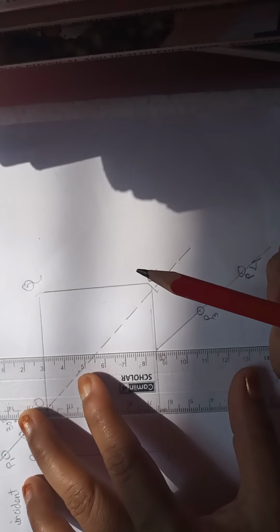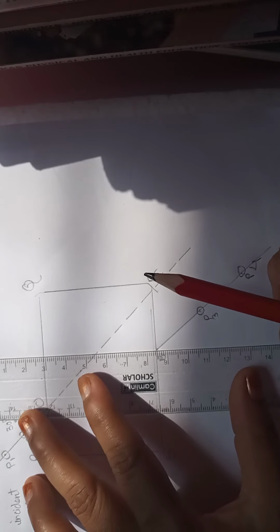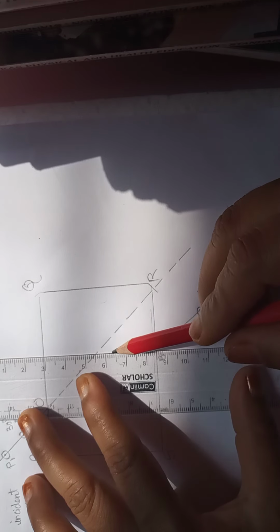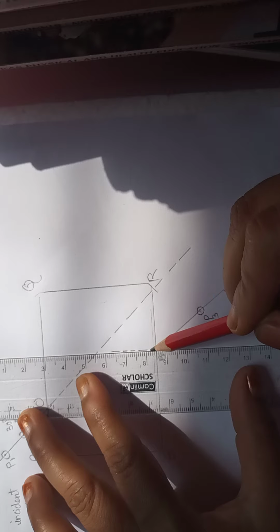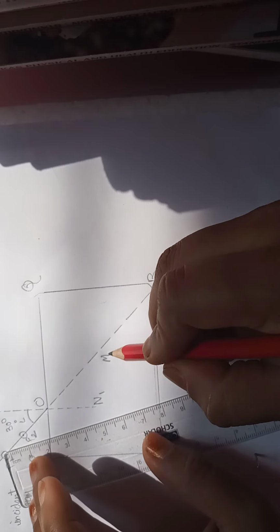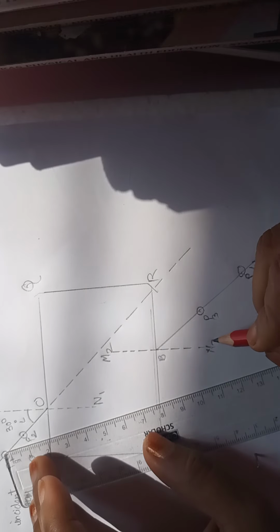You can draw it with the help of the protractor so that it will come exactly perpendicular to the side SR. I will name it as M2 and N2.